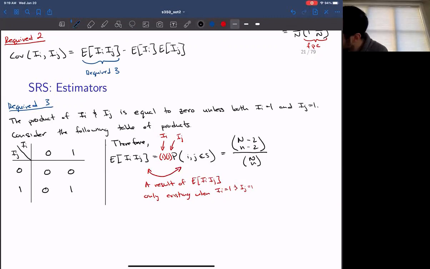Okay, and then we can simplify this expression to get little n multiplied by little n minus 1 over capital N multiplied by capital N minus 1. And again, if we compare this to what we had for the inclusion probability of the single observation, you can see that this is a very logical result, because we're just saying, okay, now we have the single probability multiplied by the second observation in the sample.